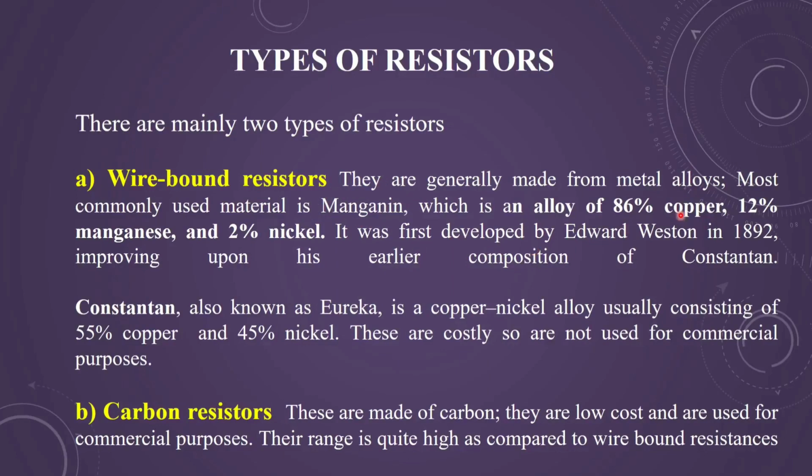By changing the composition, we make an alloy of copper, manganese and nickel. These alloys are used to make resistance wires, but we do not use them for commercial purposes because they are very costly. Another disadvantage is that we have to take a longer length to make the resistance wire, so it is not handy. So they cannot be used for commercial purposes because of these two reasons.